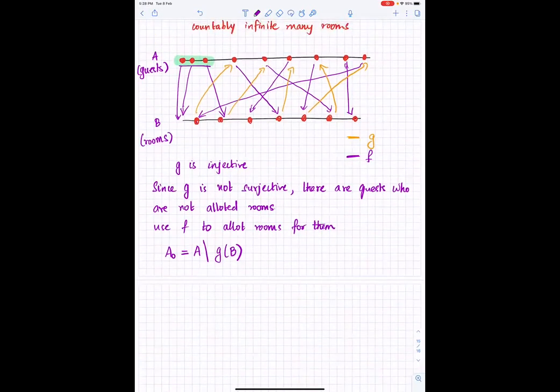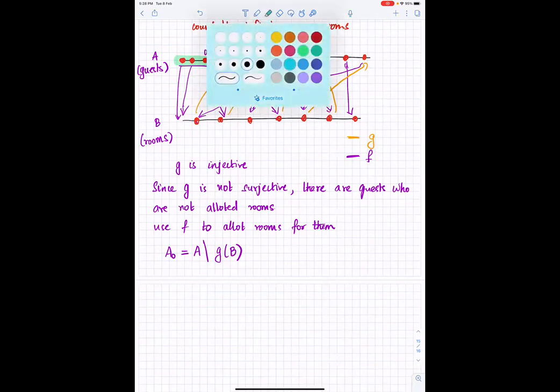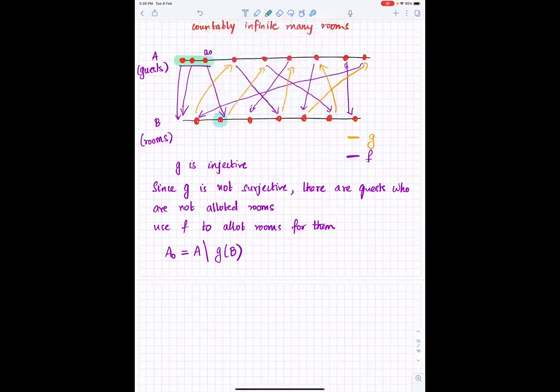So if you look at f, this room is allotted to this guest here. Is it okay to just allot him here? Because he's in the set capital A. So what if I just allot this room to him? What is the issue? That room is already allotted.